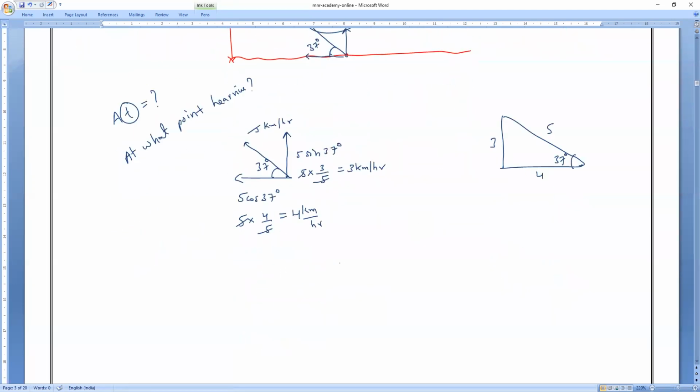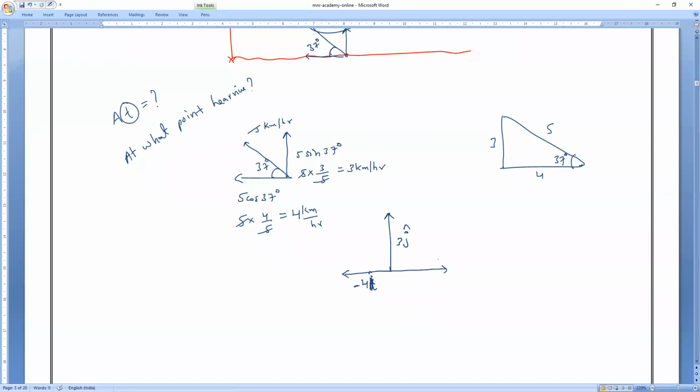So vertically he is trying to move with 3j cap. Is it correct? In this direction, he is trying to move with minus 4i cap. Is it right or wrong, guys? Minus 4i cap. But in this direction, we know the river velocity. What is the river velocity?